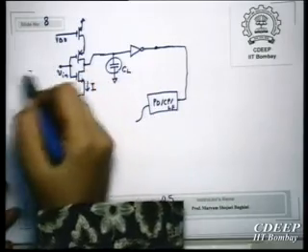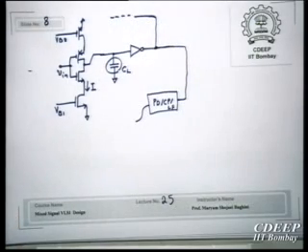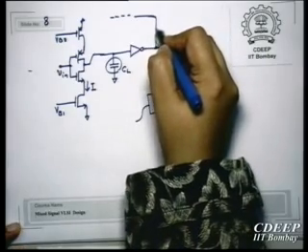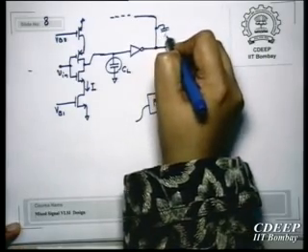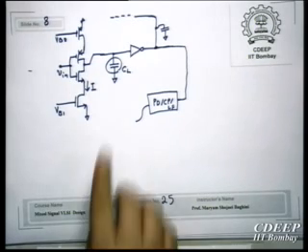Then you have other stages and this will come back to the loop. So you can also add capacitors here. Here might be more straightforward.